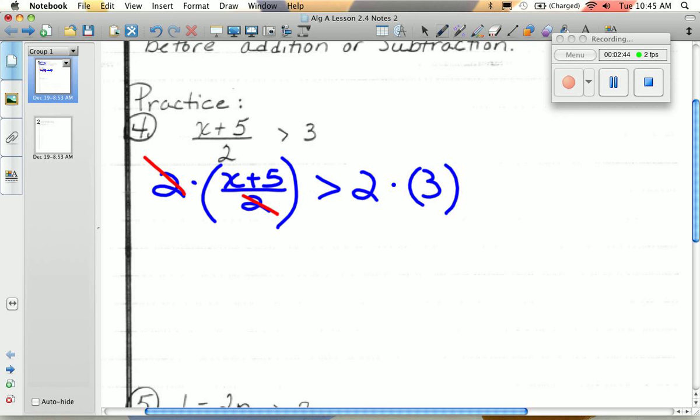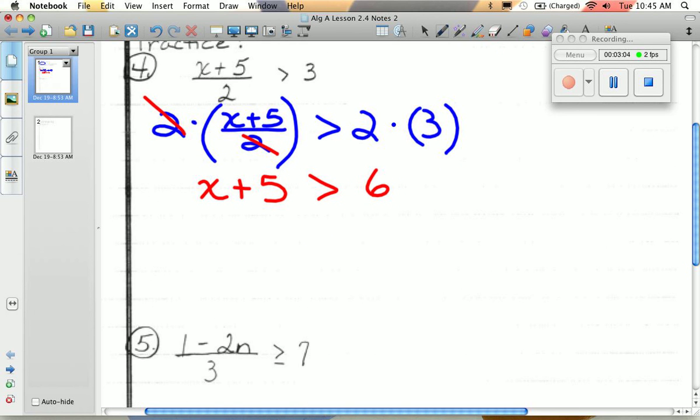And now we have x plus 5 and no more fraction involved. Did we multiply by a negative number? No. So we don't need to reverse the inequality symbol. And 2 times 3 is 6. Okay. So this time we did the multiplication first, and now we see we got to still undo that addition, don't we?